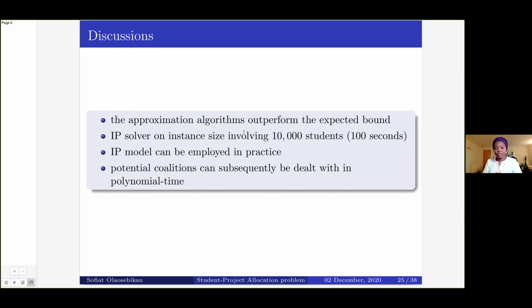That can be dealt with in polynomial time better than having it stuck in the IP solver, which is brute force. It's just some nice optimization technique going on behind the solver. So that's the discussion from the experimental results.